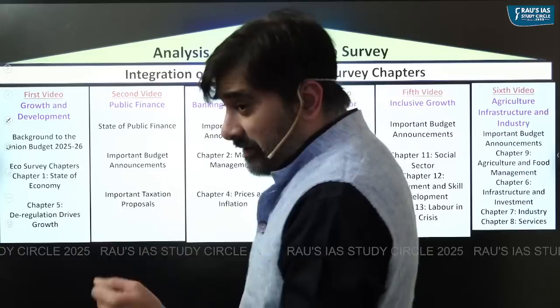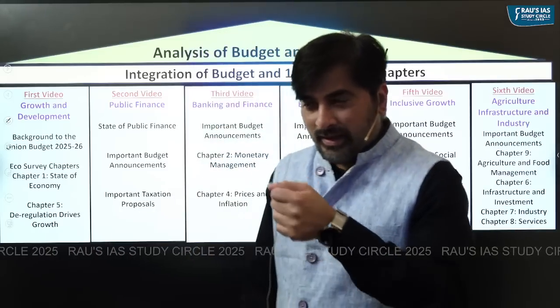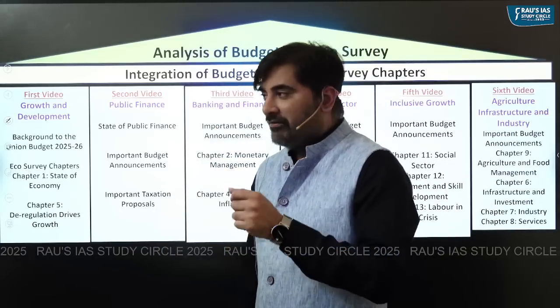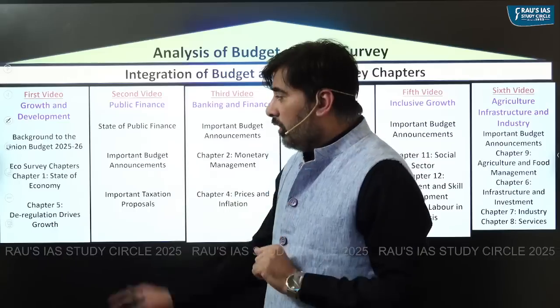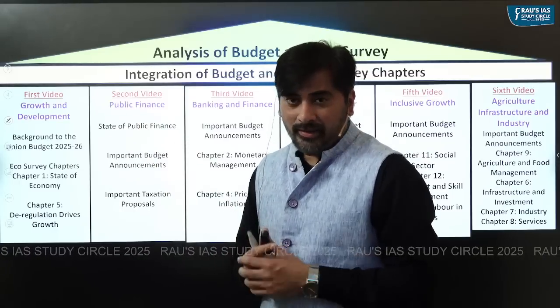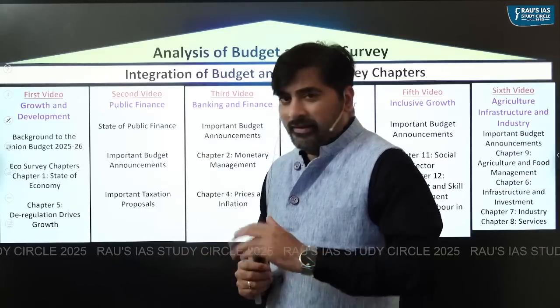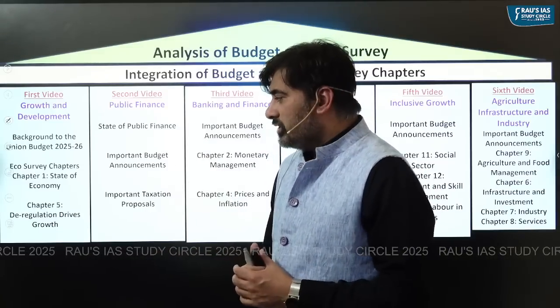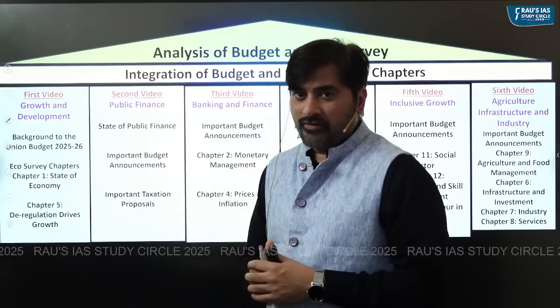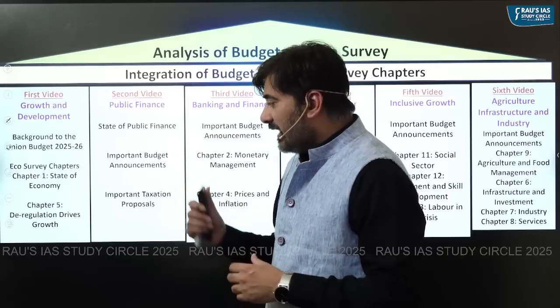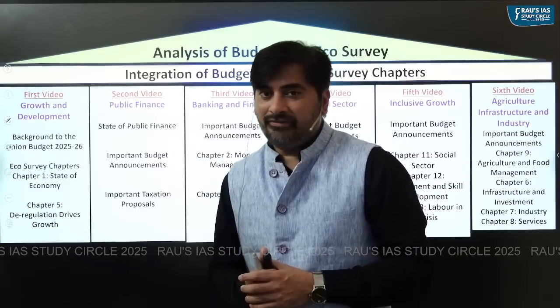As far as this session is concerned, I shall be confining myself to the pillar of growth and development. And in this particular pillar, I will be discussing the background to the union budget and the two chapters from economic survey, which is chapter 1 and chapter 5.